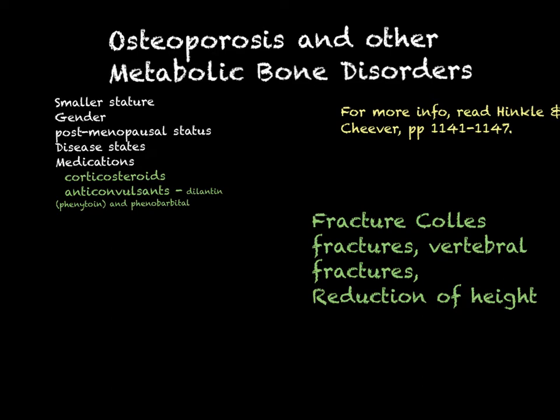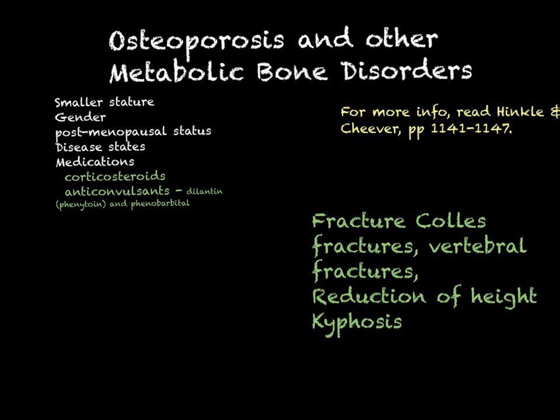Let me open that up a little bit. How about kyphosis? Let's talk about kyphosis. We've seen it in your Jarvis text, that dowager's hump. It's an exaggerated curvature of the thoracic spine. I also talked about it in assessment of the musculoskeletal system. But kyphosis is common.